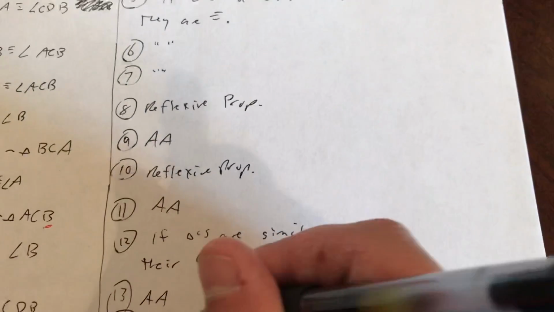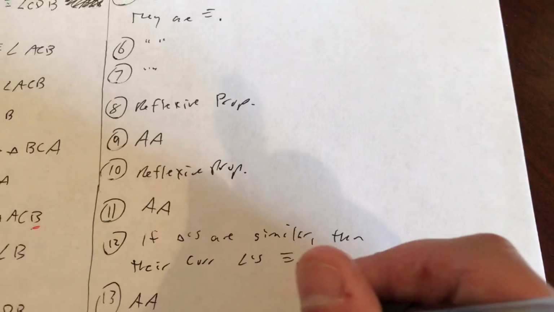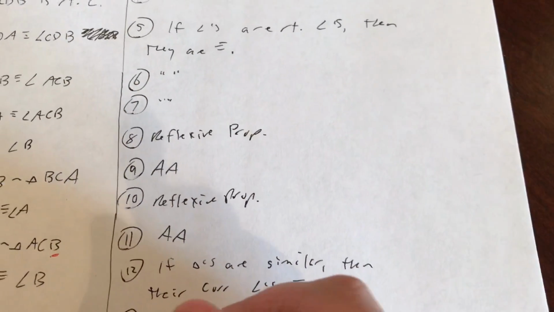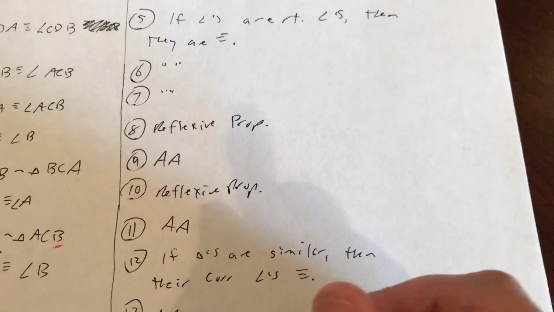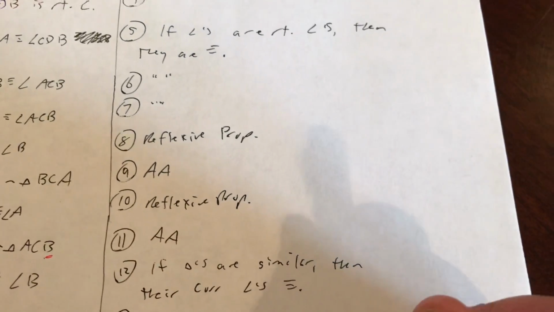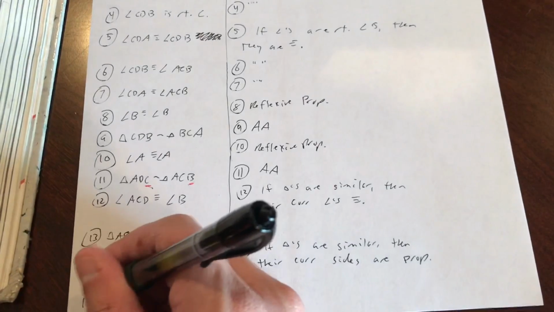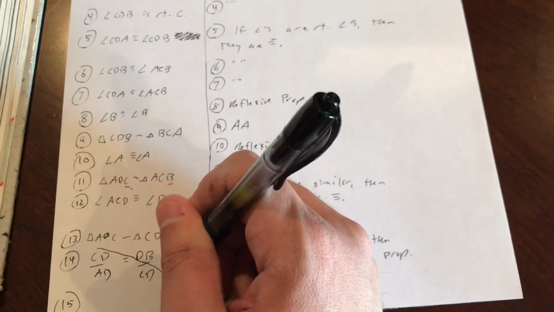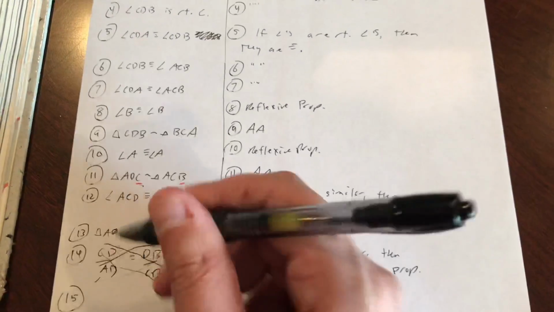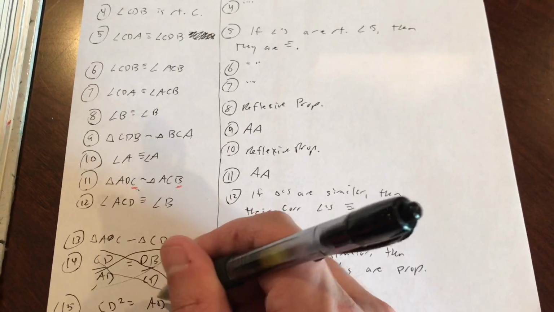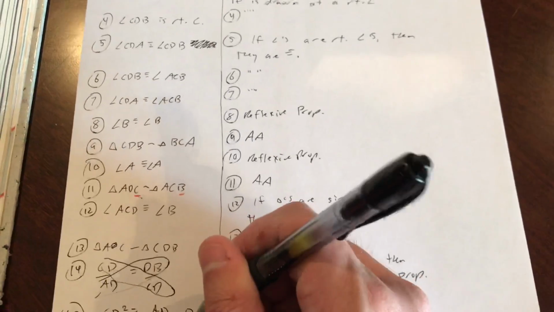That's if triangles are similar, then their corresponding sides are proportional. And finally, we can set the cross products equal to each other. I know that this times this is going to be equal to that times that. So CD squared is going to be equal to AD times DB.